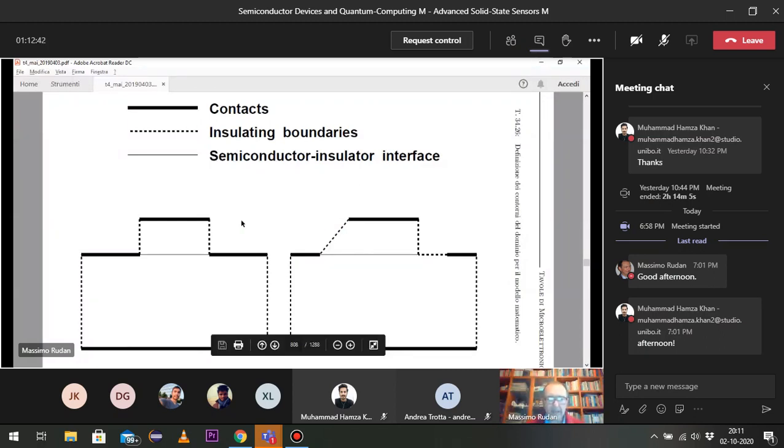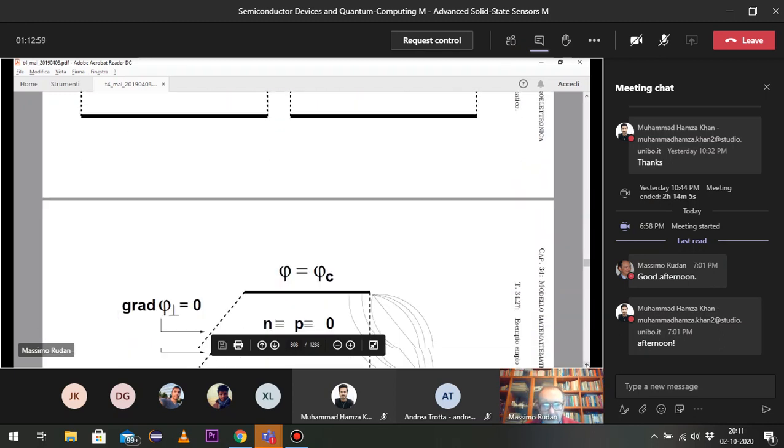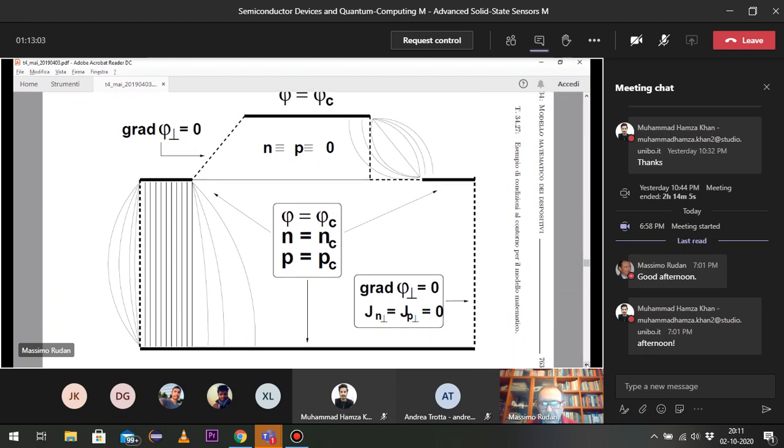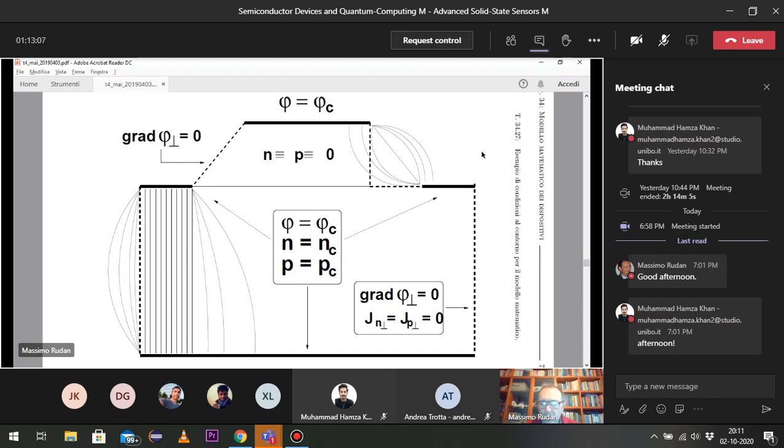Okay, so we'll start by considering the boundary conditions. And we now go to the next page, that shows a larger version of the picture that was on the right.